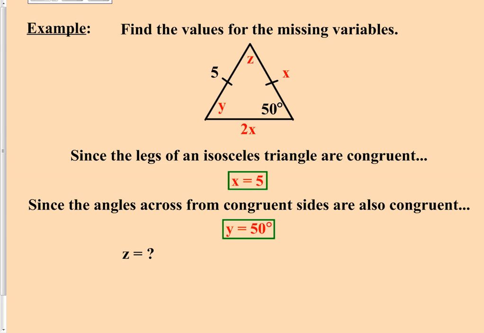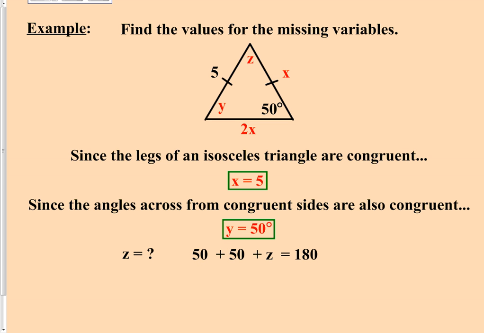And we know from this unit that the three interior angles on a triangle will add up to equal 180 degrees. So if we know two of the angles, then we can easily find the third angle. Well, we do know two angles. We know two of them are 50 degrees. So if we take the two 50s that we know and add them up with the z that we do not know, the result of that sum is 180.